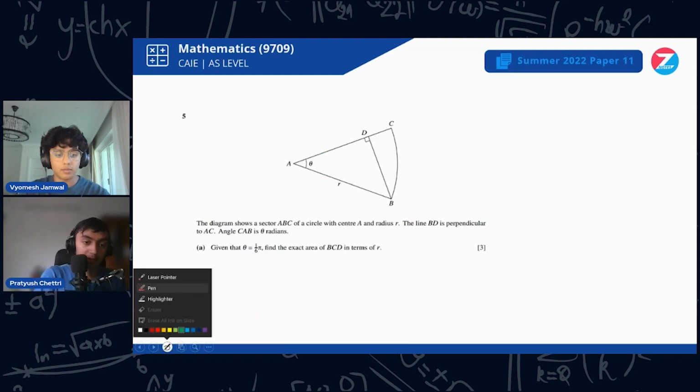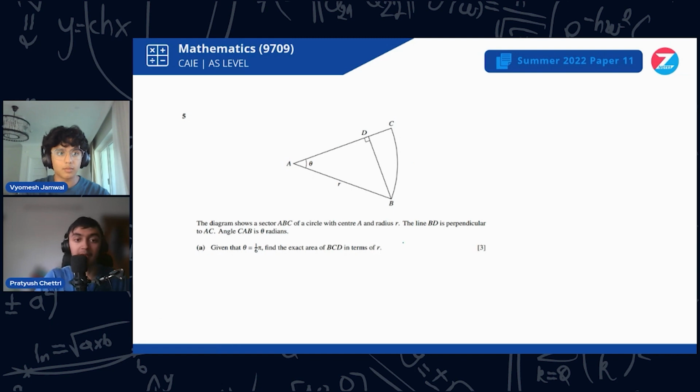Here's our second question. I will explain this one. The diagram shows a sector ABC. So this has the sector, right? And it has a radius of r. And the line BD is perpendicular to AC. Angle is in radians.